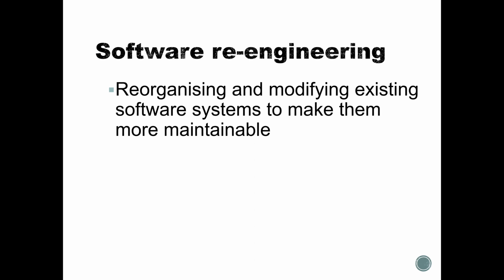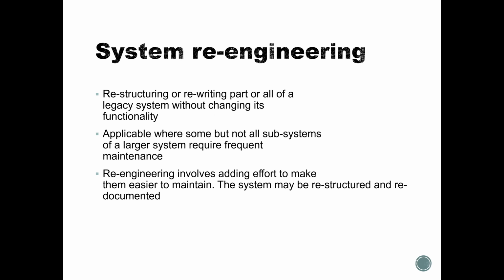So the basic idea is you want to modify the existing system. You don't want to start from scratch. And once you reorganize or modify the existing software system, it will be more maintainable, because the understandability and the readability of the software are going to increase. So this is the main task of software re-engineering.